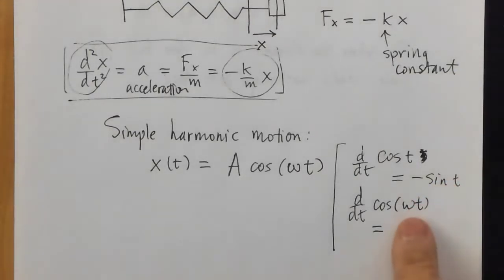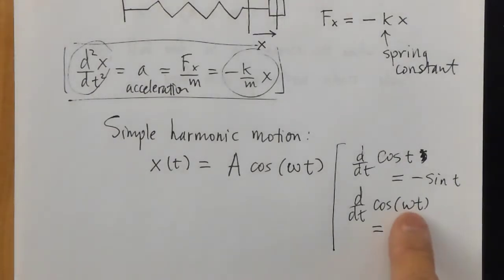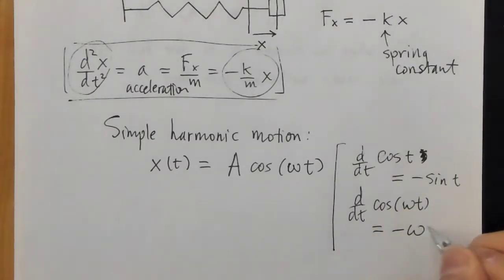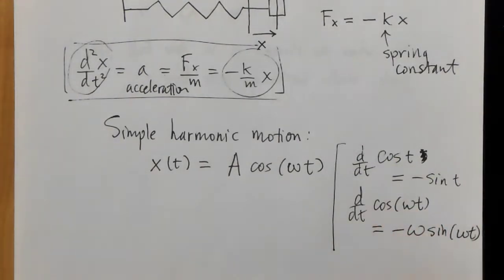Because it's not just a function of t, it's a function of omega times t. You have to do the chain rule and multiply by the derivative of the variable, which is omega t. Everybody's remembering that, right? So there's going to be an extra omega, and then I have sine of omega t. We're going to be doing things like that.